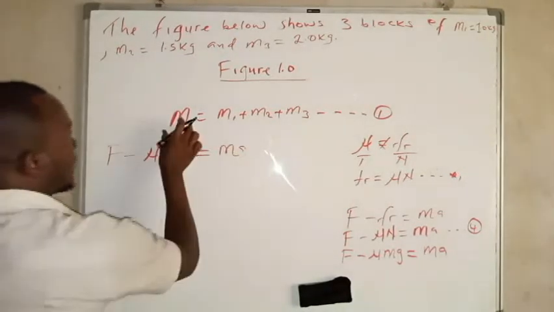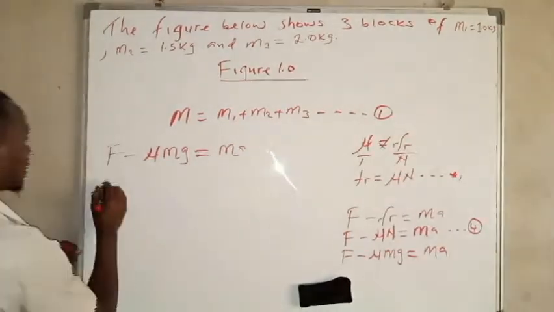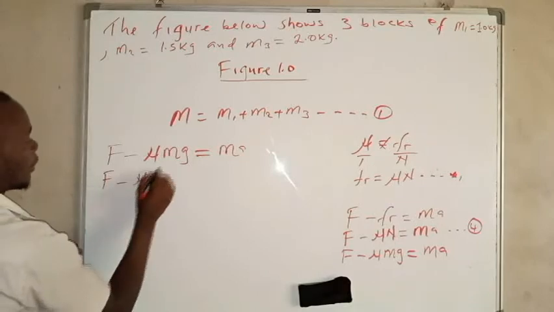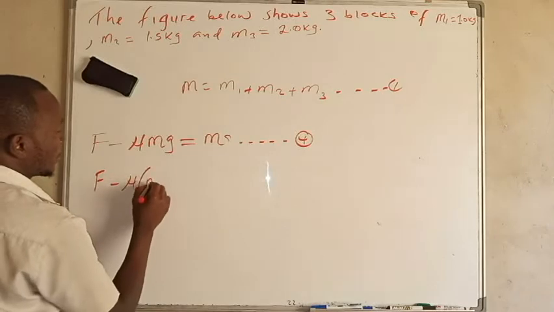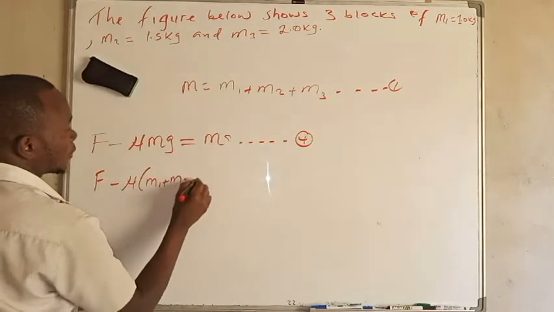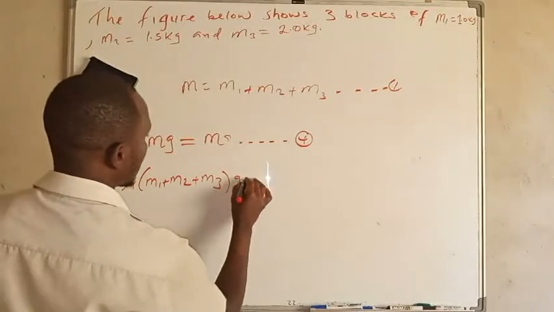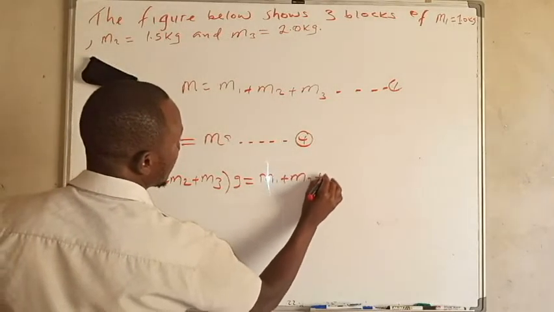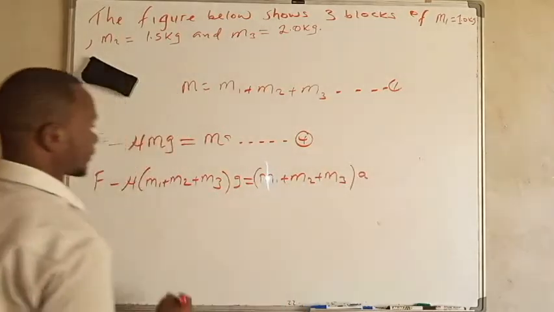But note that m is equal to m1 plus m2 plus m3. This is the common mass, so we can just plug it in. In equation 4, we are going to have F minus mu times (M1 plus M2 plus M3) times g is equal to (M1 plus M2 plus M3) multiplied by a.